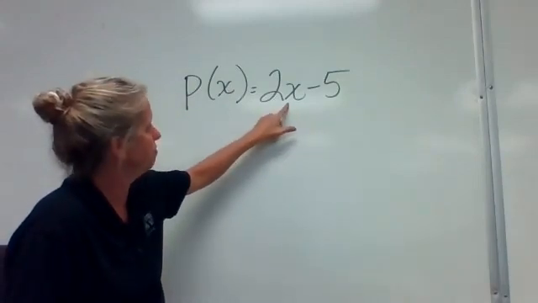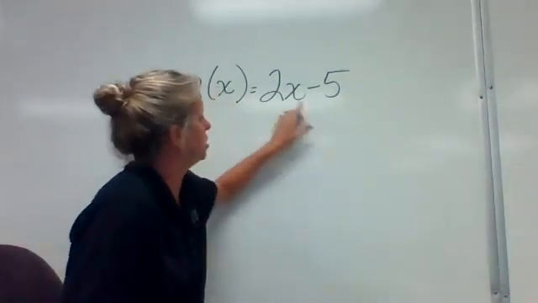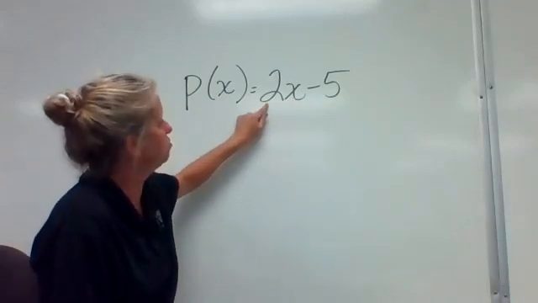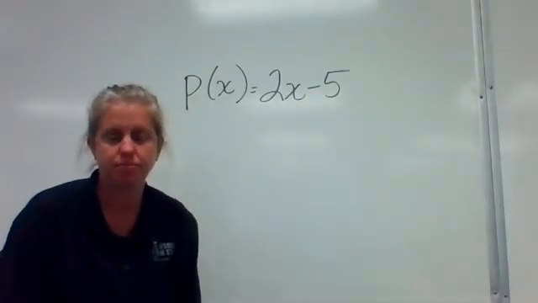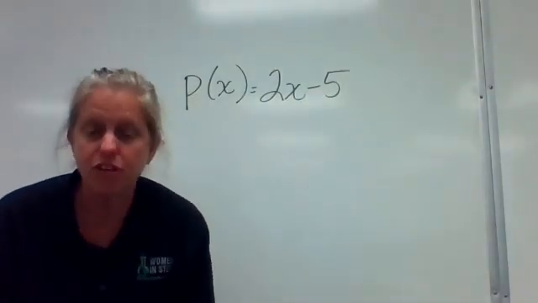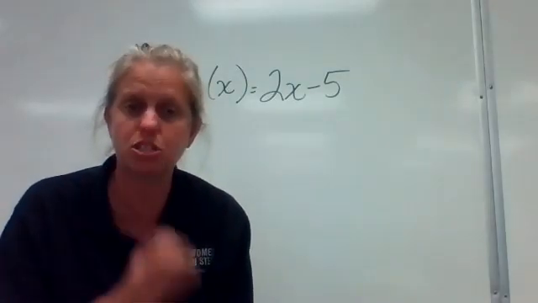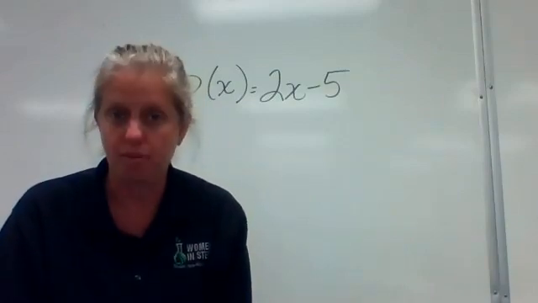So think about what you're going to be doing for any number that you choose to plug in for x in this function. You're going to have to multiply it times 2 and then subtract 5 from it. If you can think of a number that is impossible to multiply times 2 and then take 5 away from that answer, let me know.